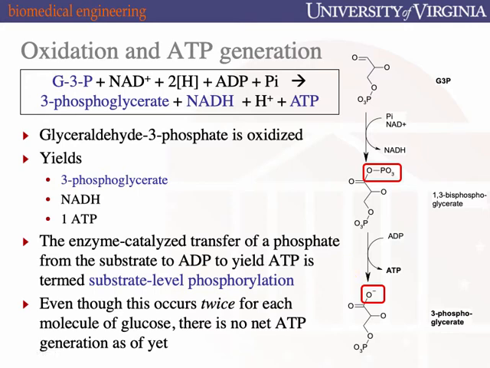After that dehydrogenation reaction, we have the first generation of ATP. This occurs by directly transferring an inorganic phosphate to ADP to generate an ATP. And in fact, this type of phosphorylation, which is called substrate level phosphorylation, is catalyzed by a kinase called phosphofructokinase.